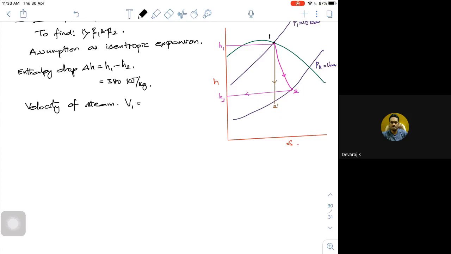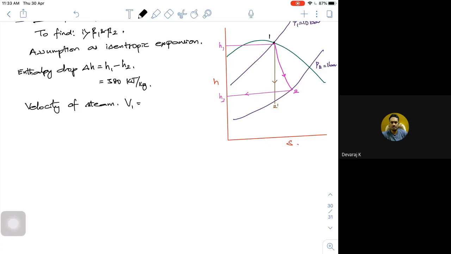How can I find it actually? You have to go with the SFEE. Your V1 squared by 2 is equal to H1 minus H2.